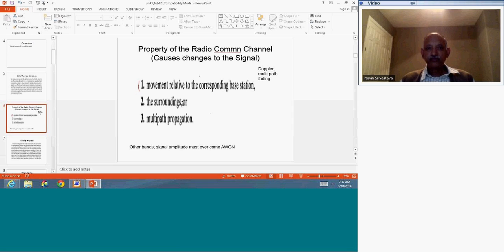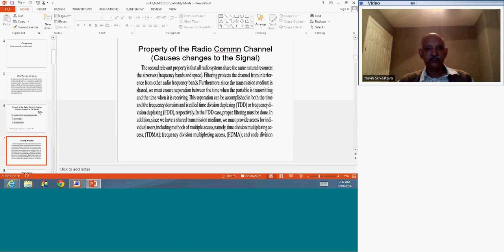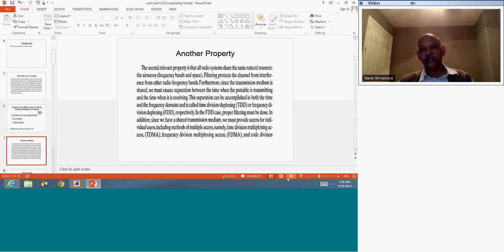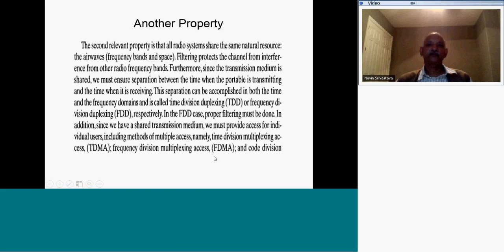So all this you must have studied in unit 1, but we are just looking at it from a revision point of view, so that we know exactly what is there.